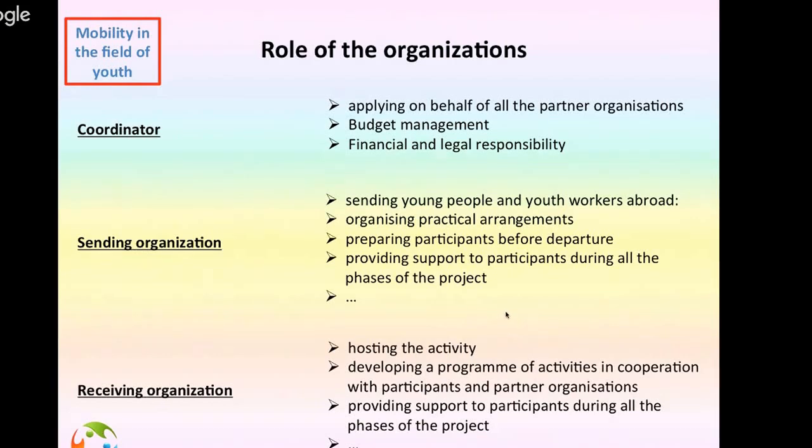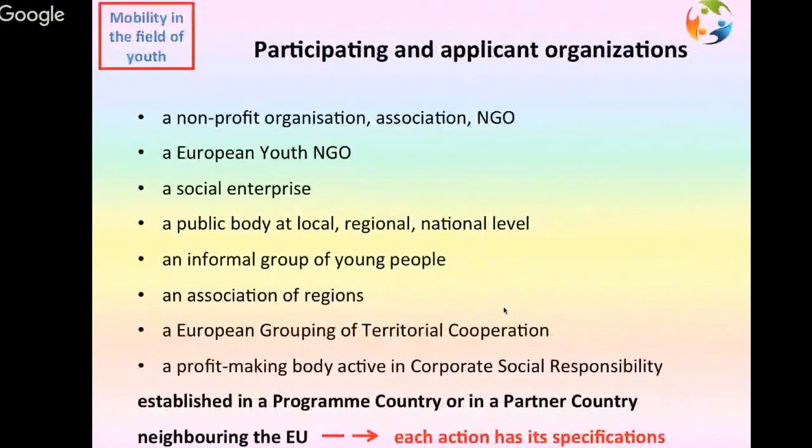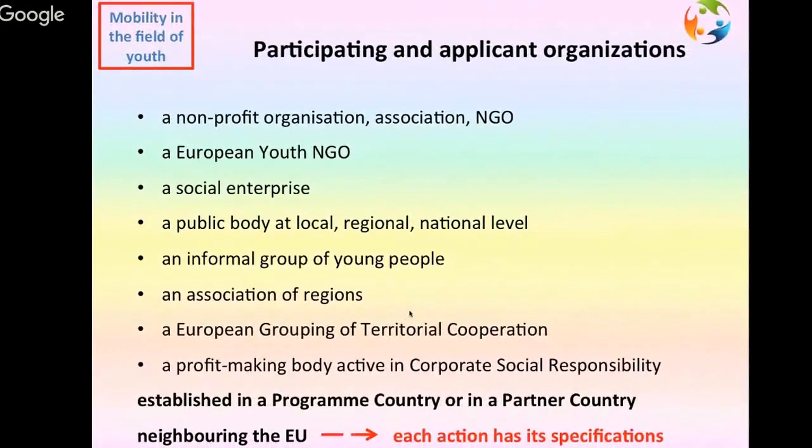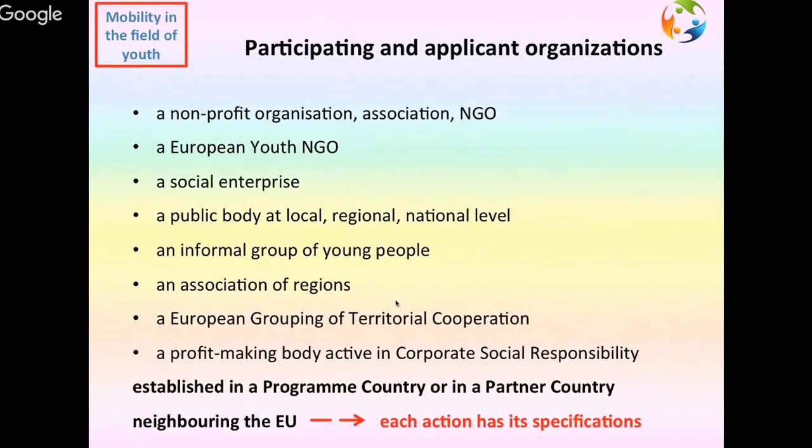The roles may also differ or be a little bit more complicated according to the actions we are dealing with. Which are the organizations that can take part in this action?